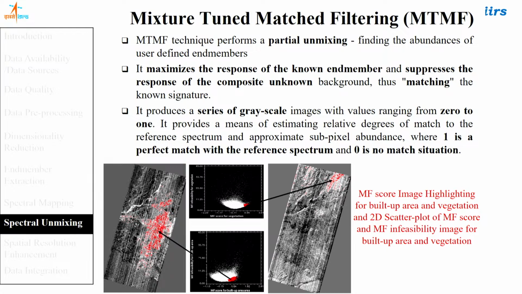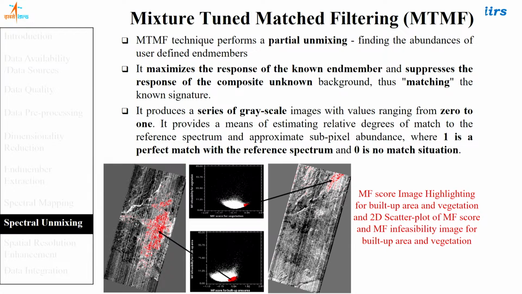And mixture tuned means what? In matched filtering there are chances of creating confusion between similar classes, like let us say urban and dry riverbed. Because the materials are similar they may create confusion. Like in this case both urban and dry riverbed were bright, but when we use mixture tuned matched filtering, an additional output is generated that is called the infeasibility image.